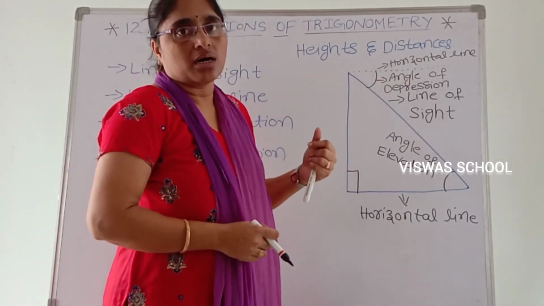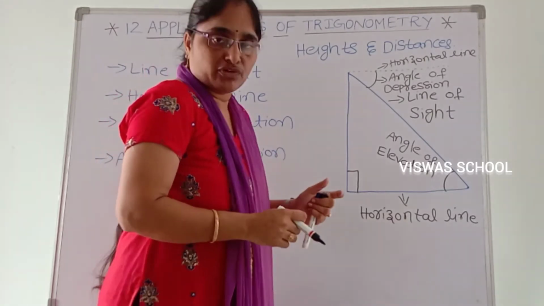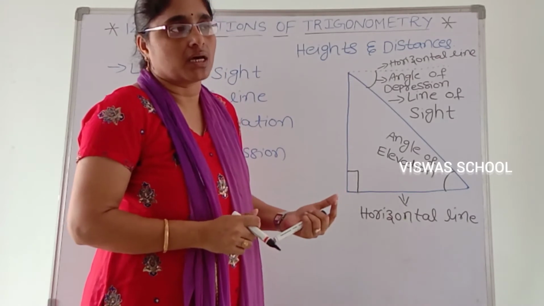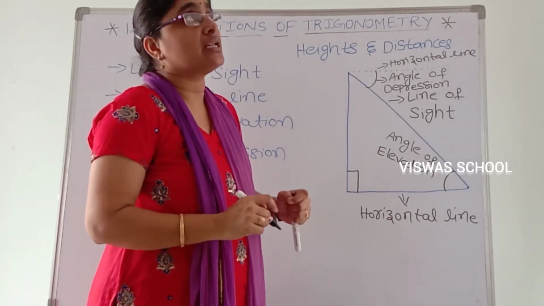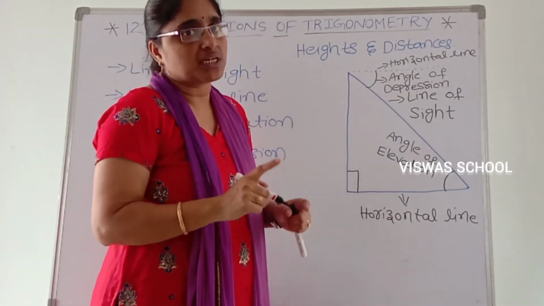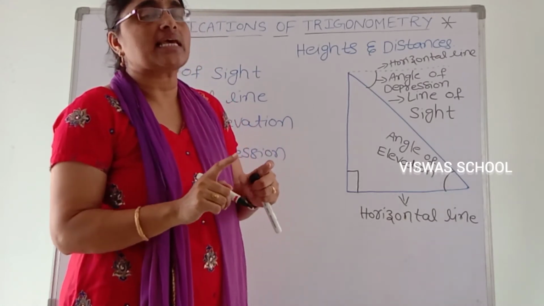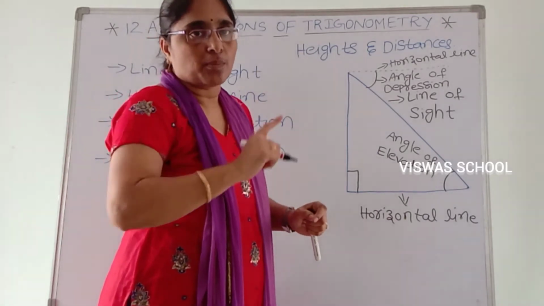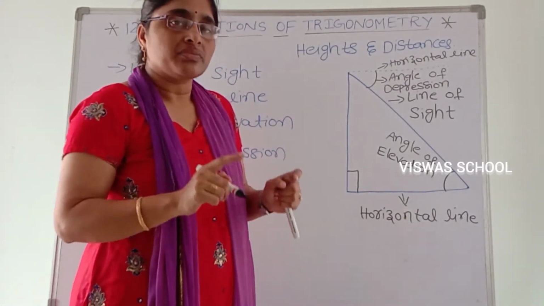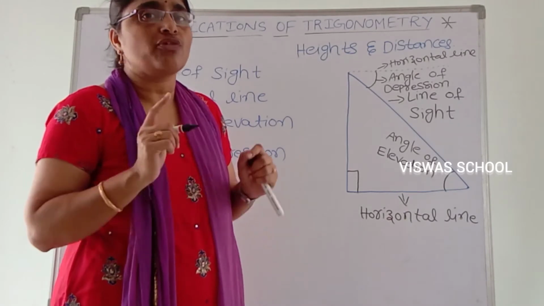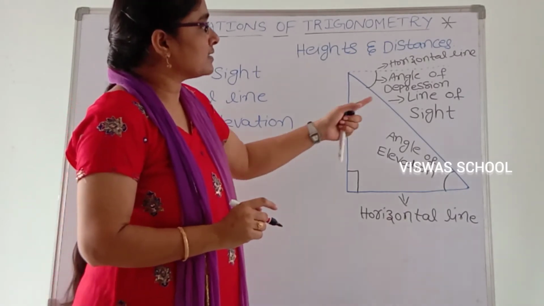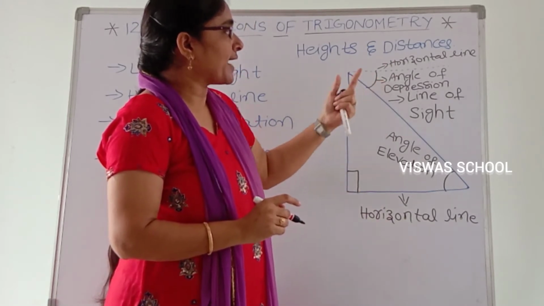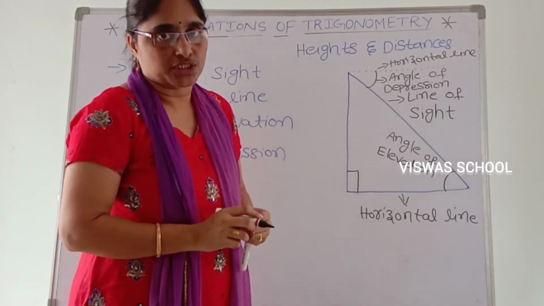Simply, we remember it like this: when we are standing here and looking at the top of the object, that angle is the angle of elevation. When a person is standing at the top of the object and looking down, that angle is called the angle of depression.